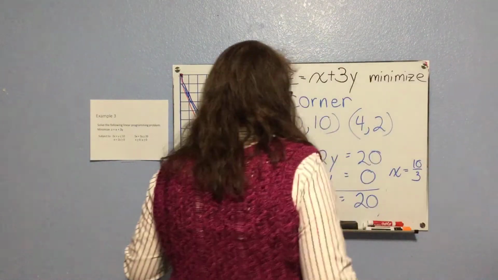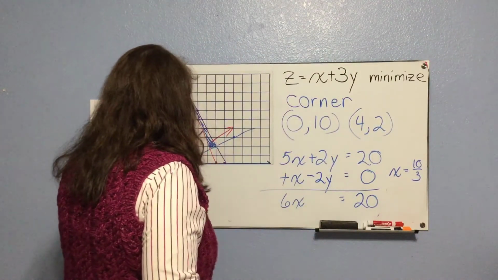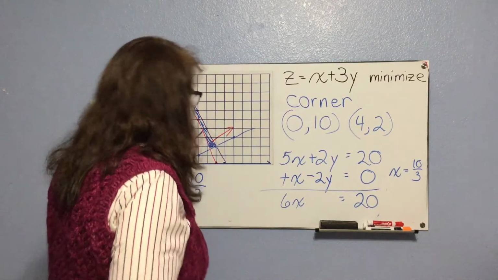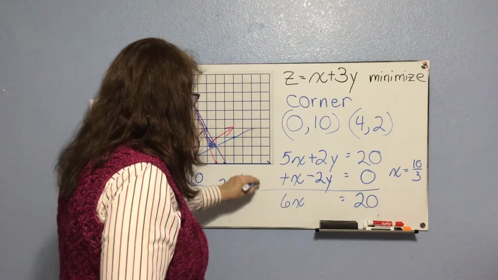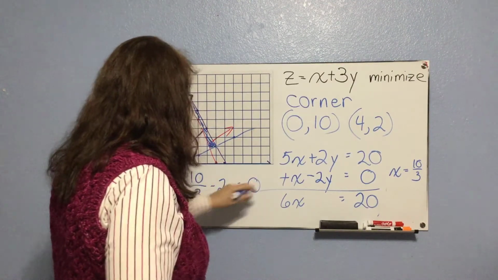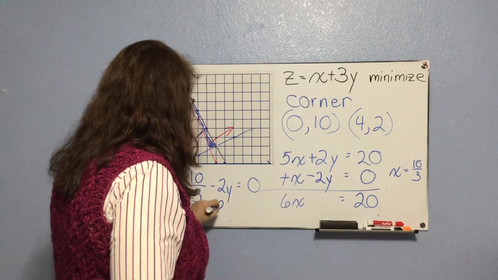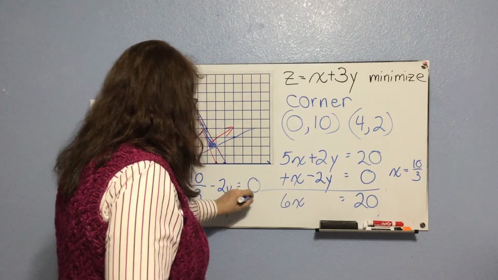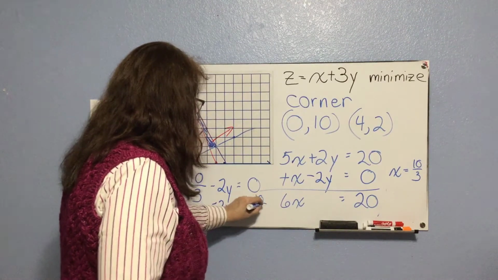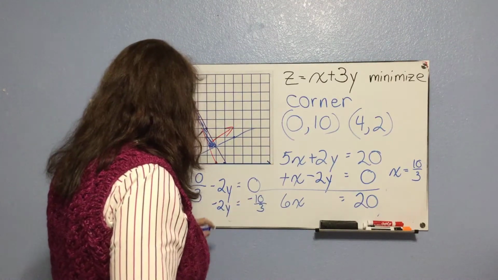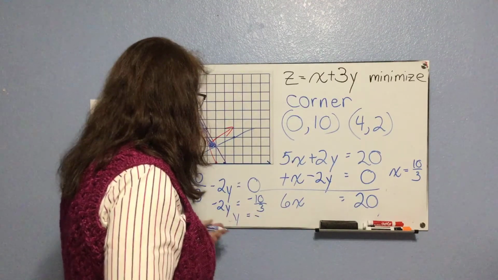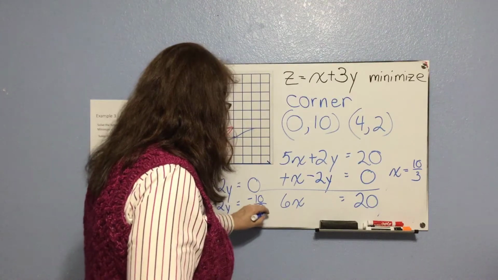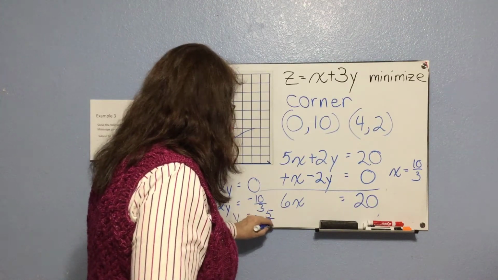So now I'm going to use that: 10 over 3 minus 2y equals 0. So I'll move the 10 over 3. So I've got negative 2y equals negative 10 over 3. So y must equal negative 10 over 6, or I could reduce that to 5 over 3.